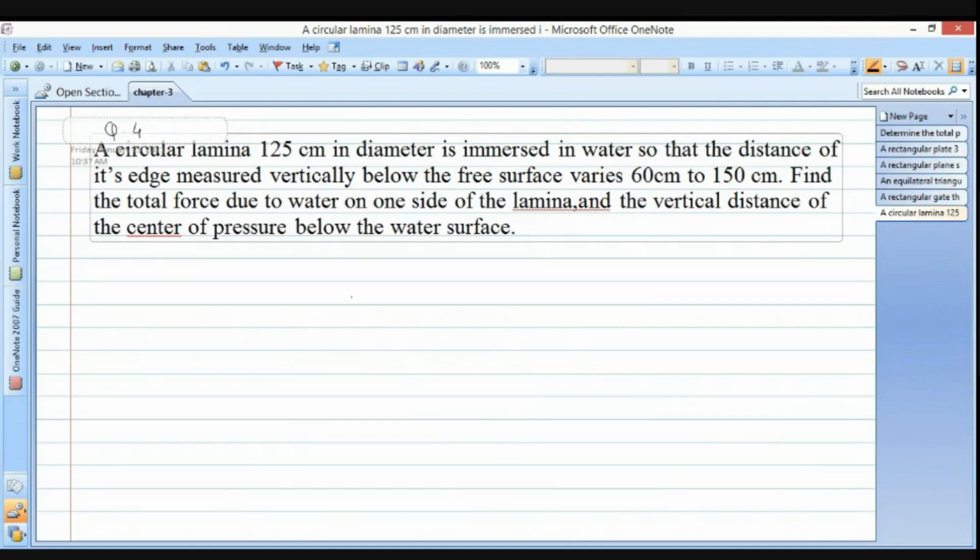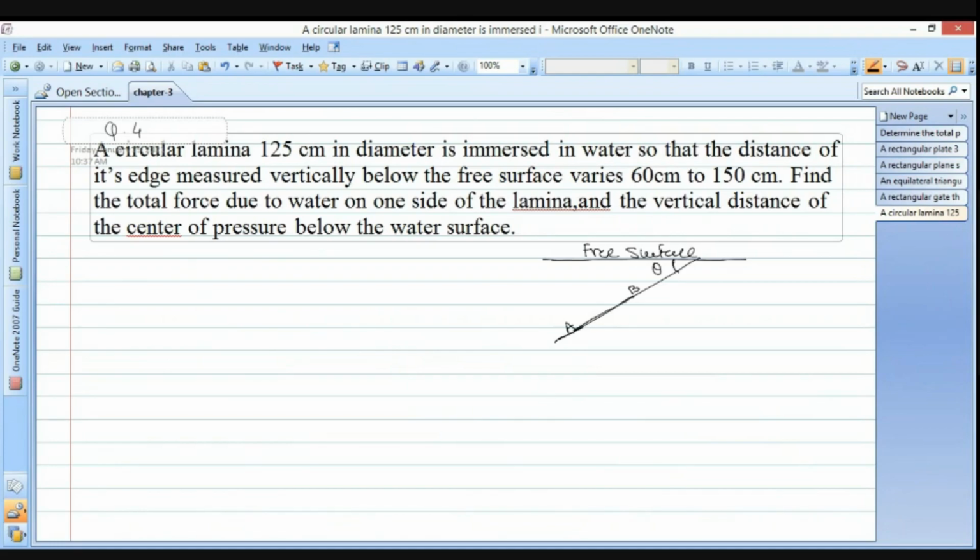First of all, by drawing the diagram, we understand the situation given in the numerical. Let's say this is the free surface, and I imagine one line at angle theta. Suppose this is point A and this is point B of my lamina.